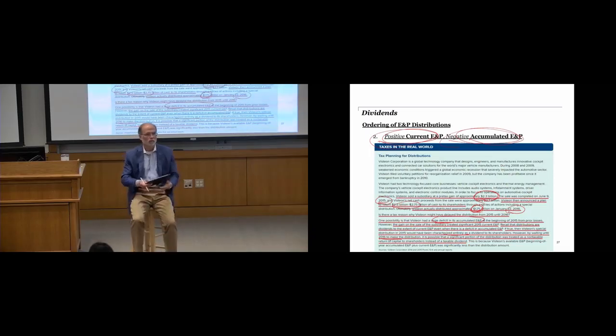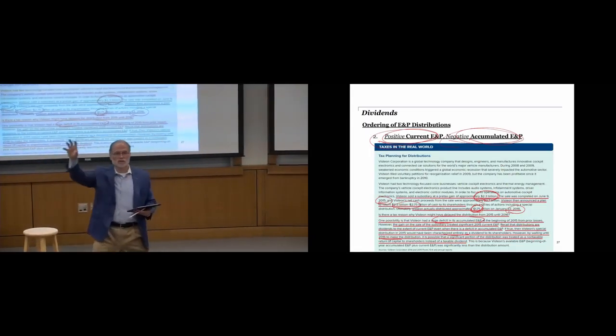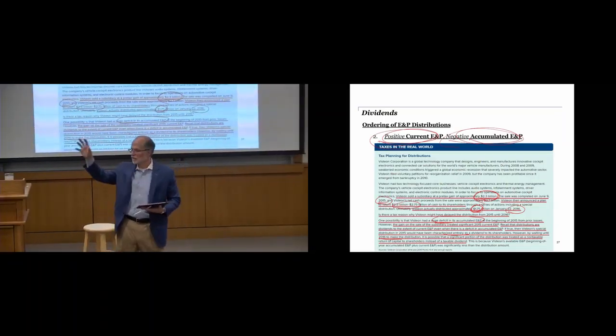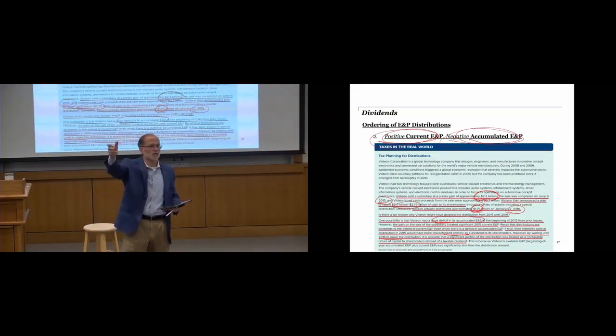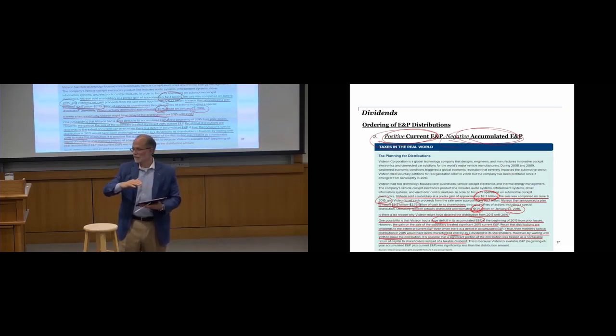What happens when that current E&P stays in the corporation and then I go to the next year? It gets added to the negative accumulated E&P. If the negative accumulated E&P is greater than the current E&P in the next year, then I don't have any E&P, which means my distribution cannot be a dividend.